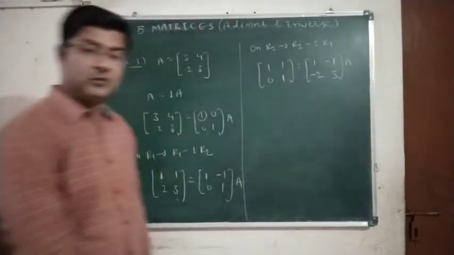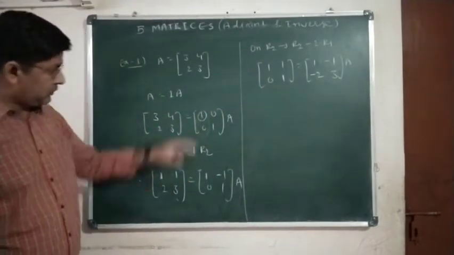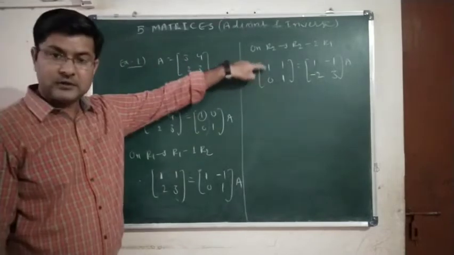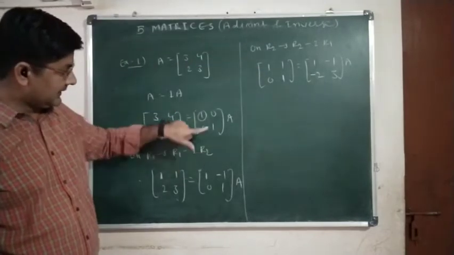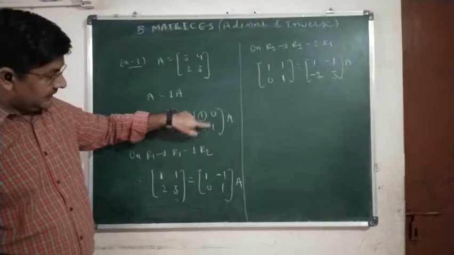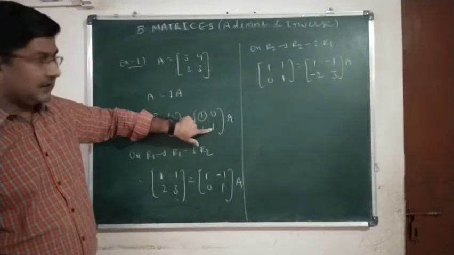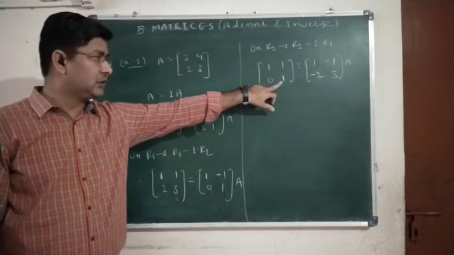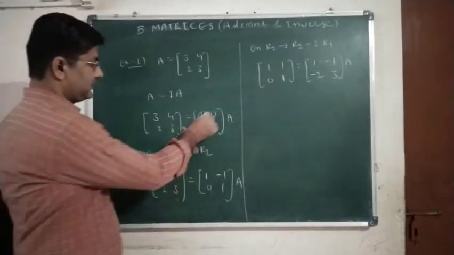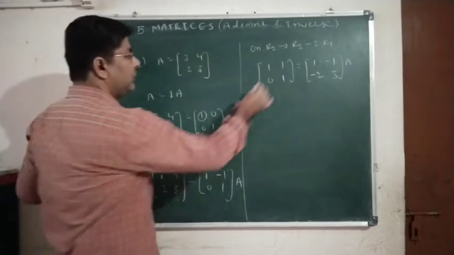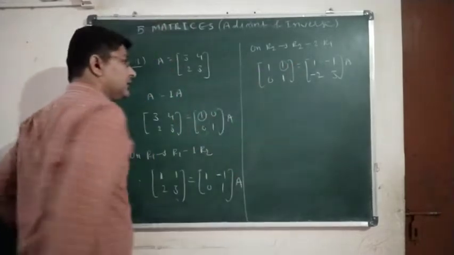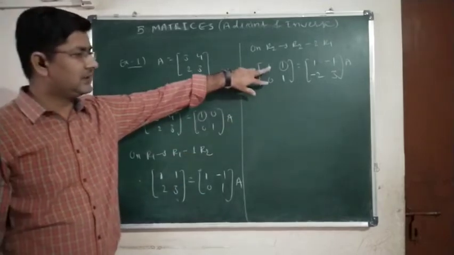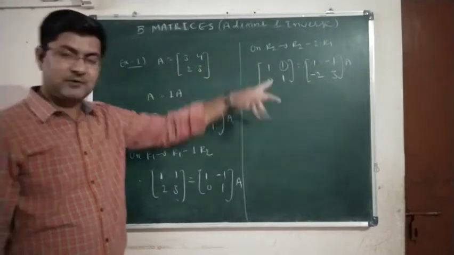Clear? Okay. Now in the first column on the left side we obtained 1 and 0. Now the second task is to obtain 1 and 0 like this. So first we'll get 1. You notice that 1 is already present. So now our next target is to get 0 in this position. In order to get 0, it is very clear, we can perform R1 minus R2.